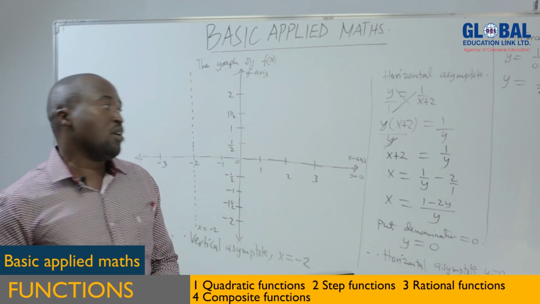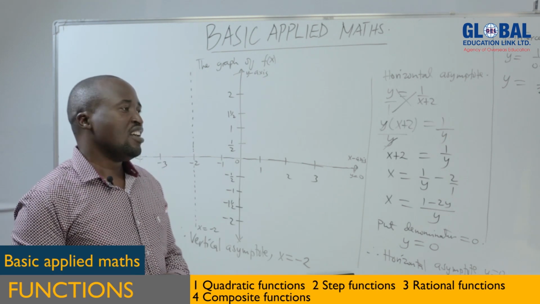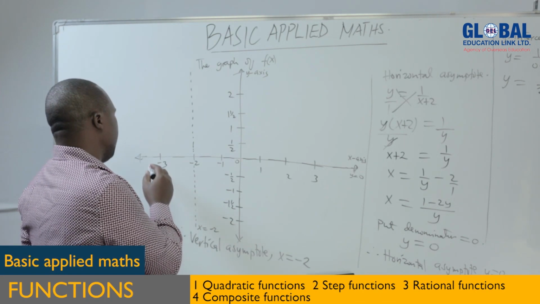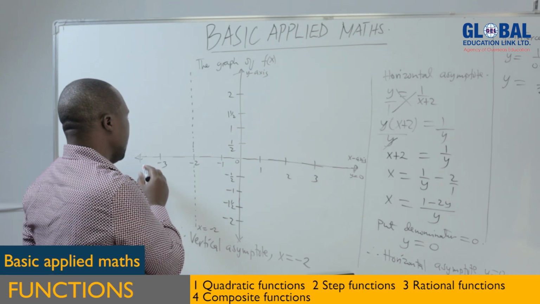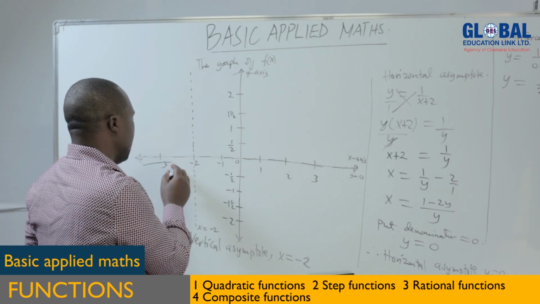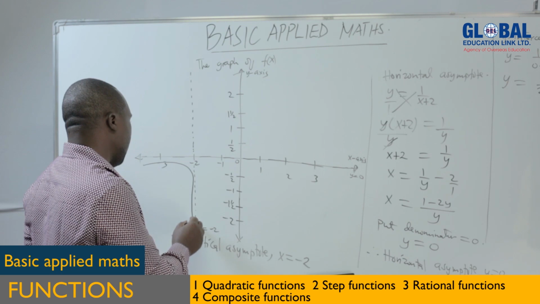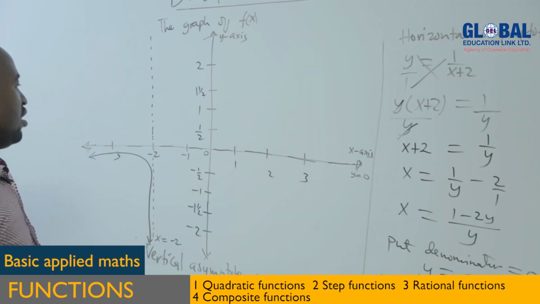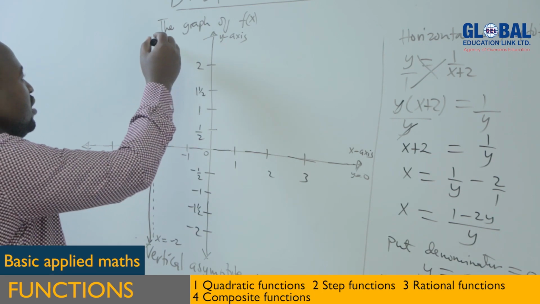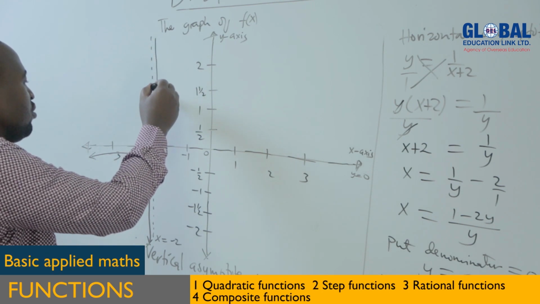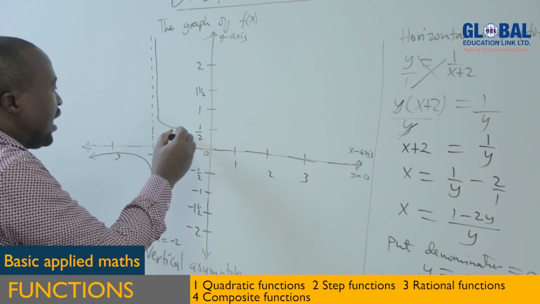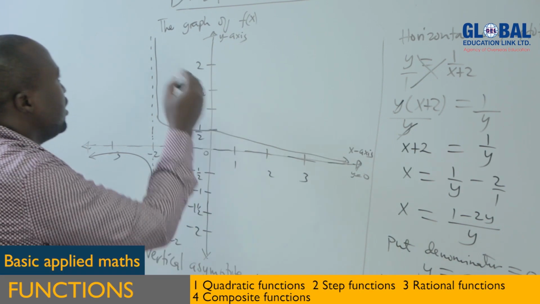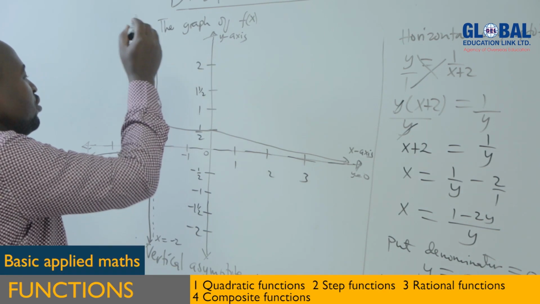Of course, here we have -3. So remember, we are talking about a rational function. In a rational function, some of the values do not exist. So our graph will go this way. That is our first graph. And again, the second one will go this way, but it will cross the y-axis at positive a half.